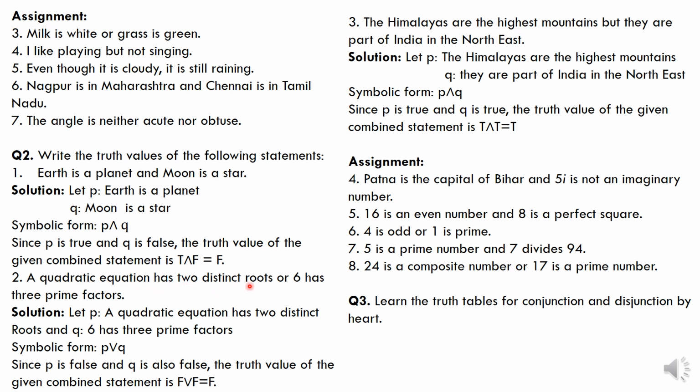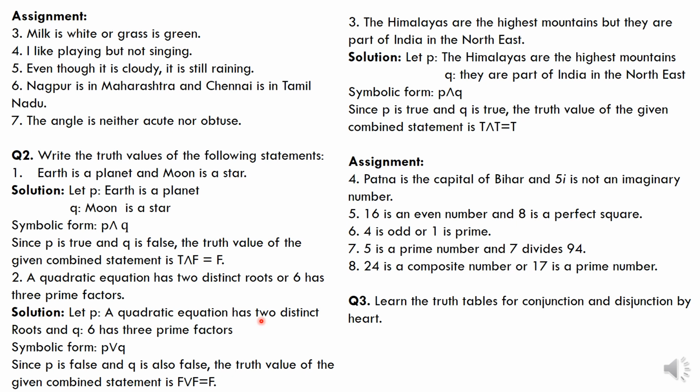Second example, a quadratic equation has two distinct roots or 6 has 3 prime factors. Let P, a quadratic equation has two distinct roots and Q, 6 has 3 prime factors. The symbolic form is P or Q. Now we know that P is false.